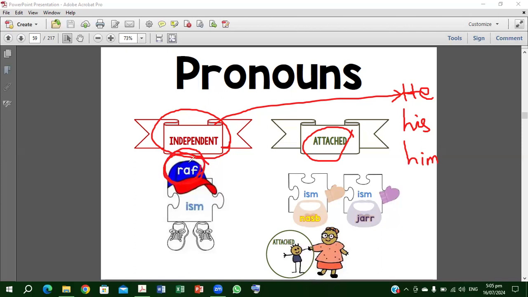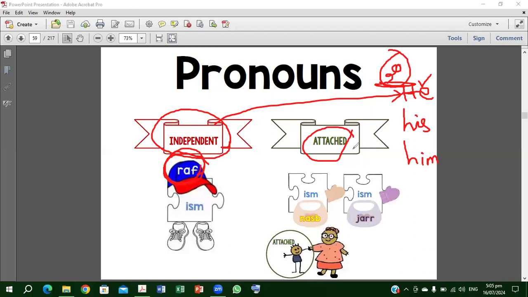And you remember, rafa is always a doer status. I'll tell you the Arabic also. His its Arabic is huwa. Huwa means he. So if he is doing something, we use the word huwa for he, and it is a doer form of pronoun, and it is called independent pronoun or the pronoun of status of rafa, right?